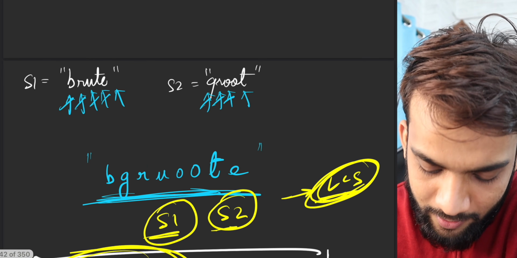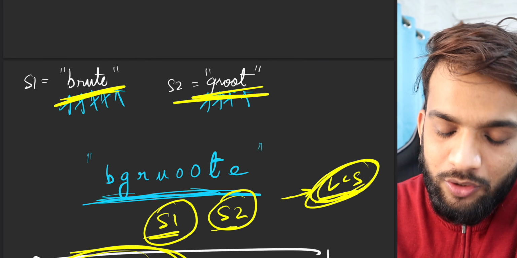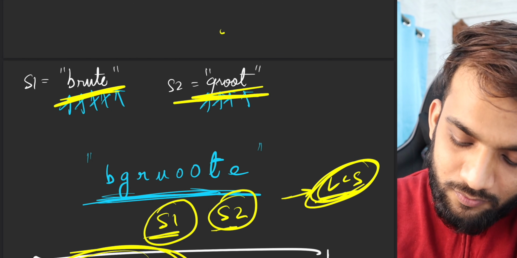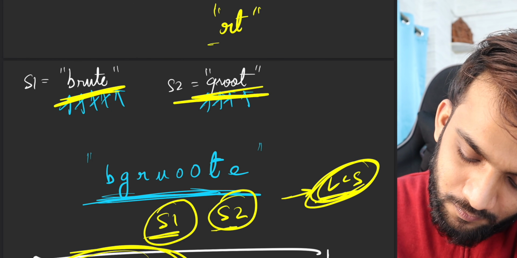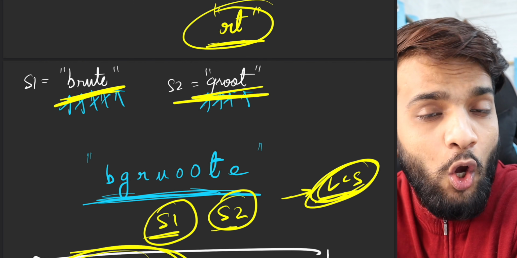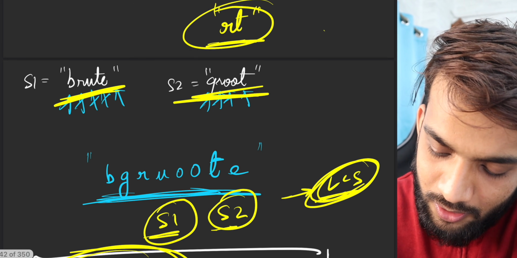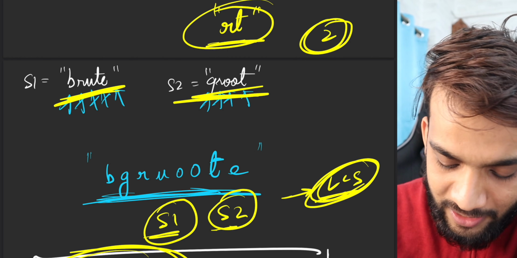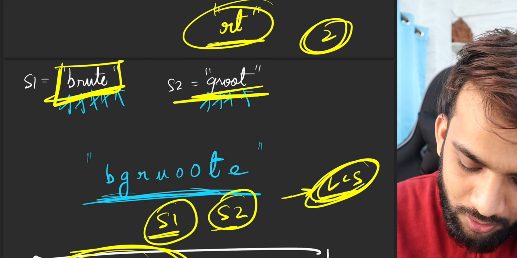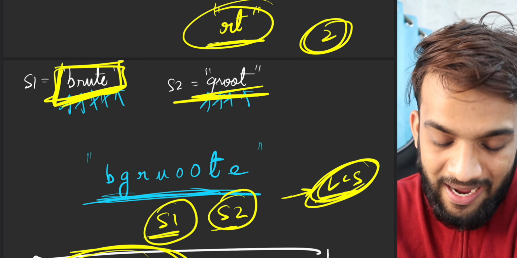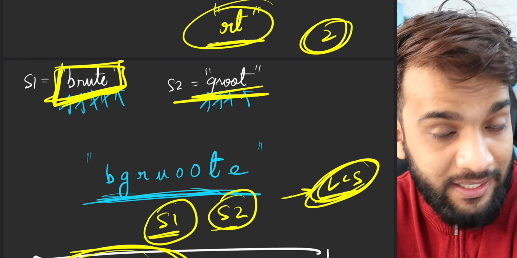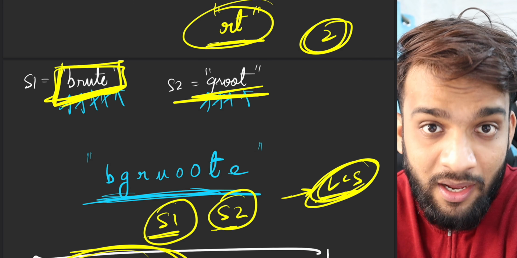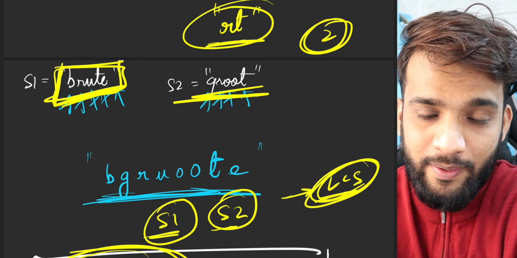So if I take Brute and Groot, I know RT is the longest common subsequence of length 2. And I know over here, I have to take everyone apart from the longest common subsequence.